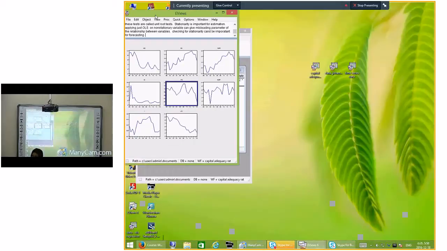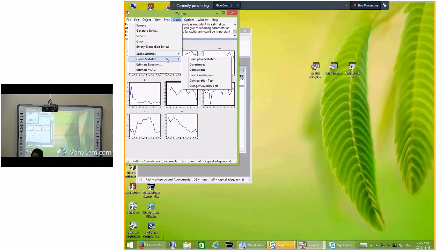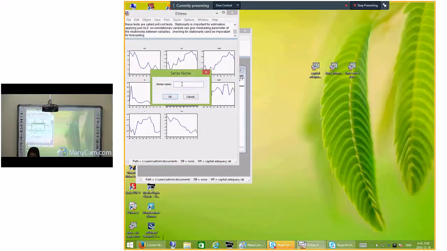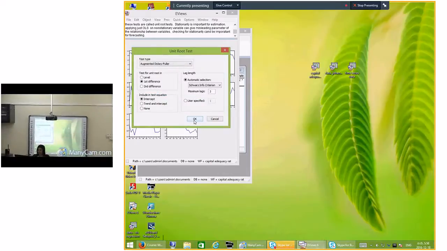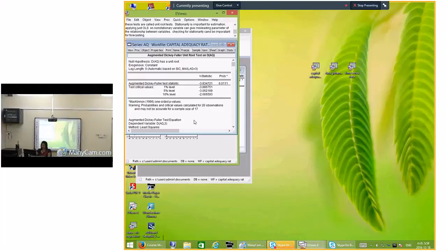Let's do the test first, because in the graph we can't actually see the pattern. So go to each variable, adequacy AQ. Go to the levels plus difference. It is okay by the first difference, adequacy.